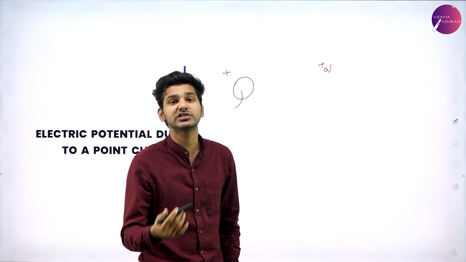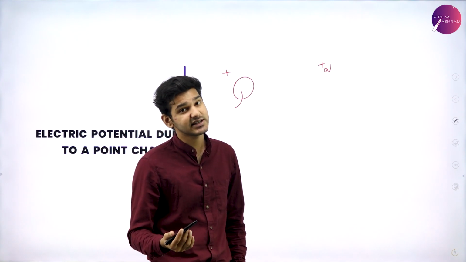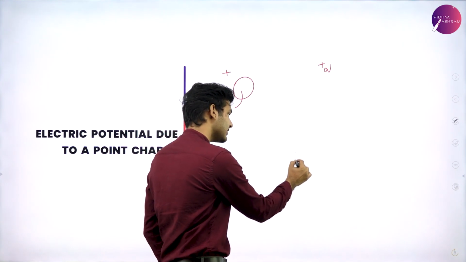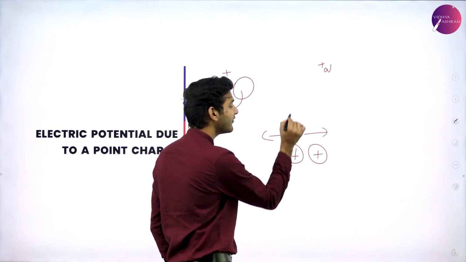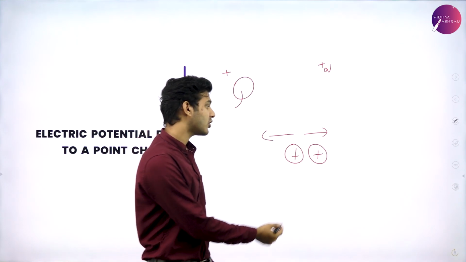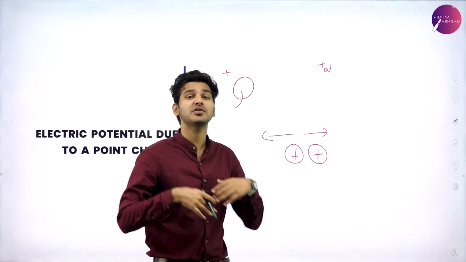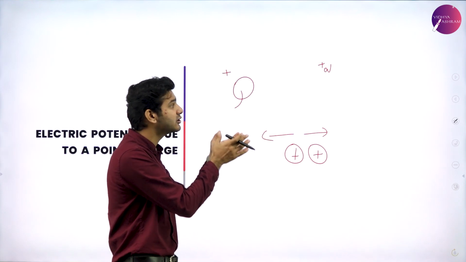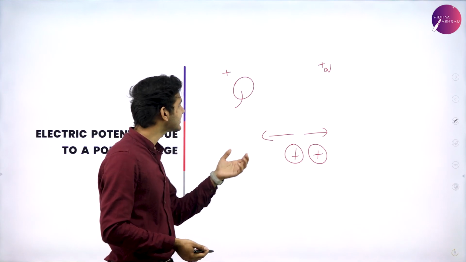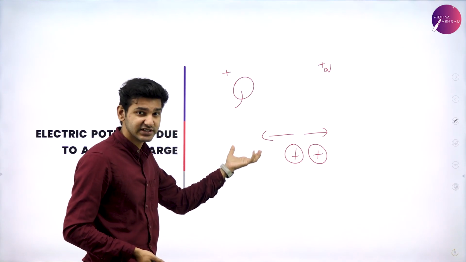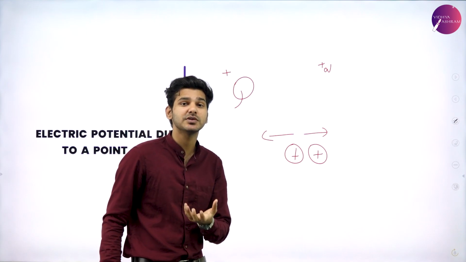As I get closer and closer, as we have already seen in the first chapter, positive and positive charges want to repel away from each other. So I have to exert a force as I get closer and closer, or as soon as I enter the vicinity of this positive charge, I will start to experience a force.